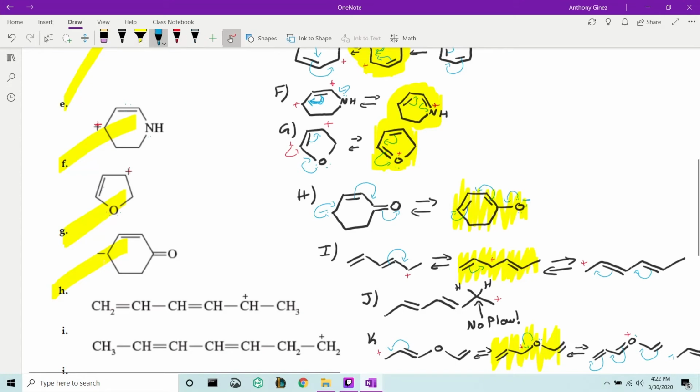Moving on to question H. I have an electron-rich carbon. I have an electron-rich double bond, and I have an electron-rich oxygen. So what we can draw is the electrons flowing from this carbon here to form a double bond here.